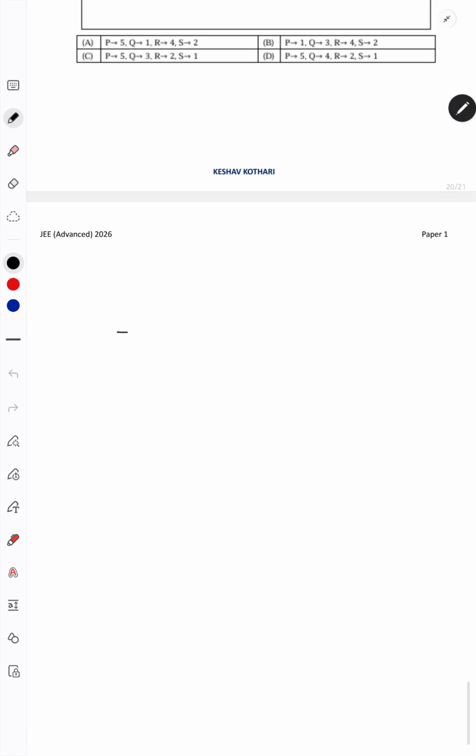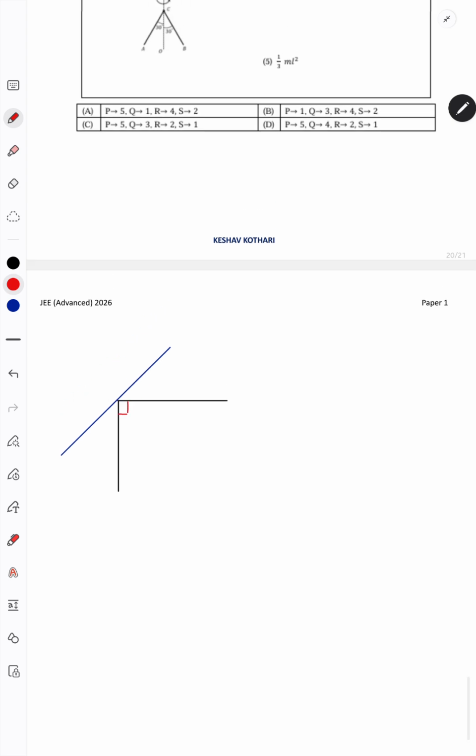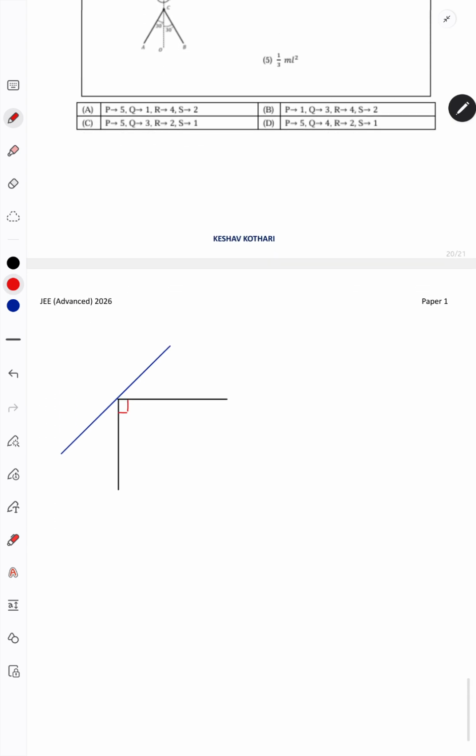So we have a structure like this. The two rods are placed at a right angle and the axis of rotation is marked like this. The system is rotated about this axis. So over here, if we mark the angle, this one is 90 degree, and the question also mentions that this is 45 degree.